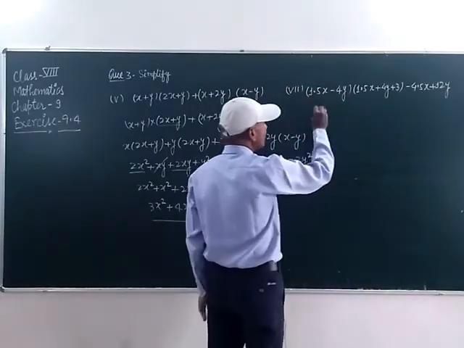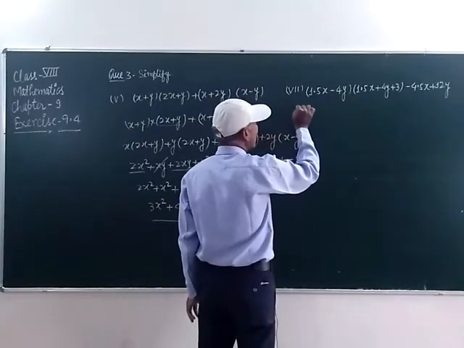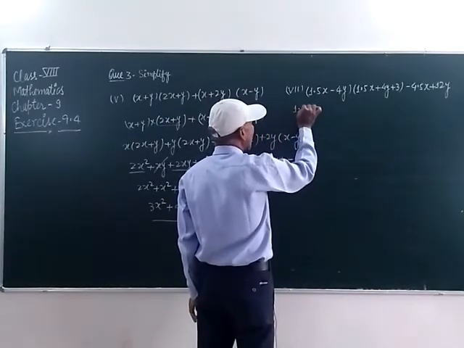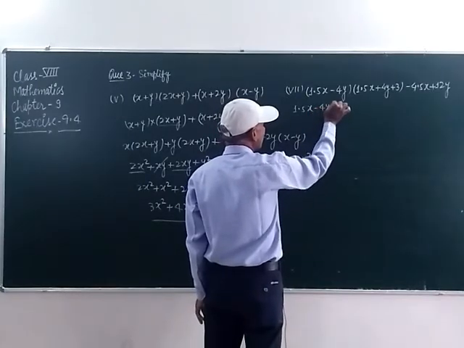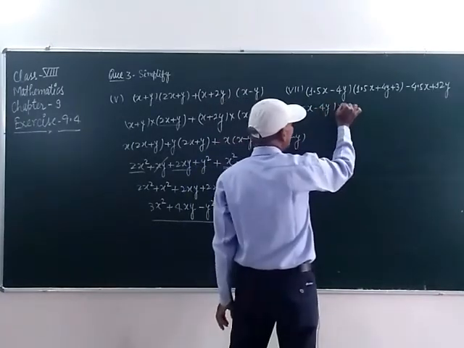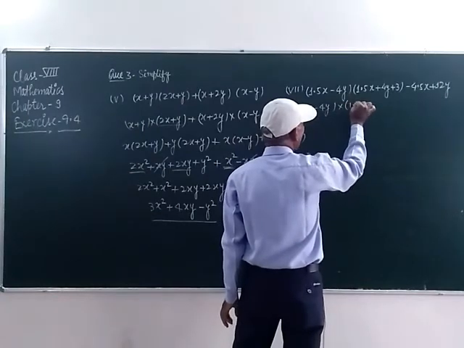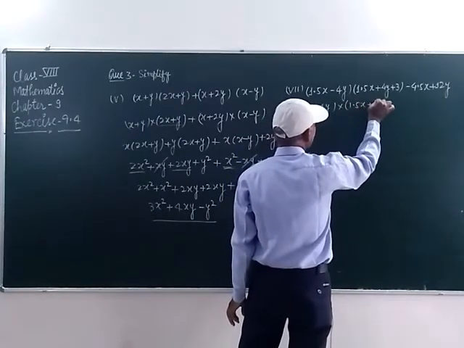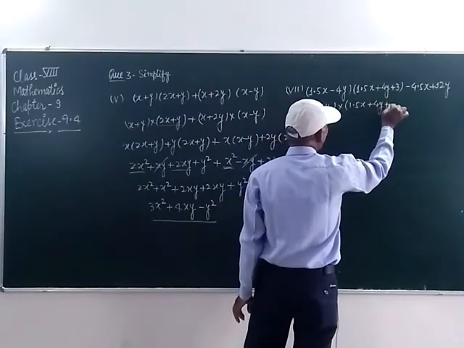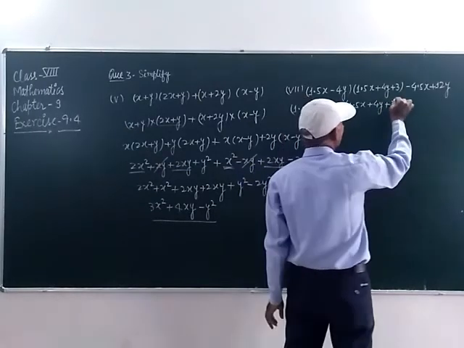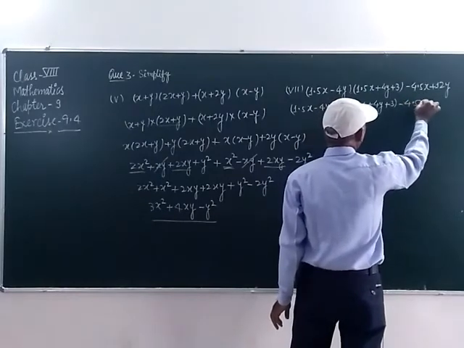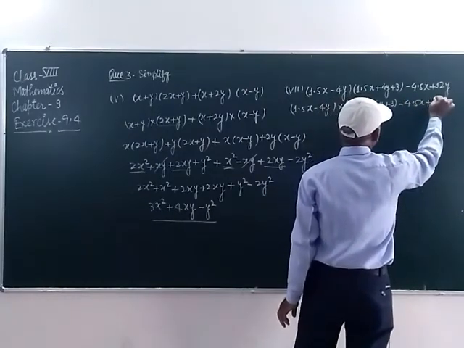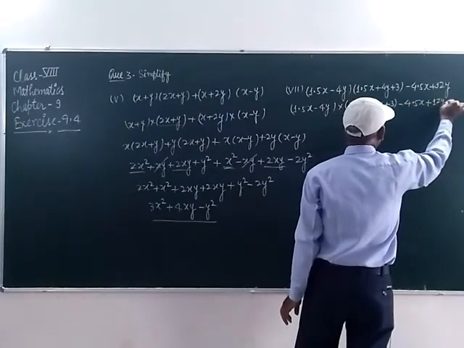In this student, first of all we have to multiply this (1.5x − 4y) multiplied by (1.5x + 4y + 3) minus (4.5x + 12y).